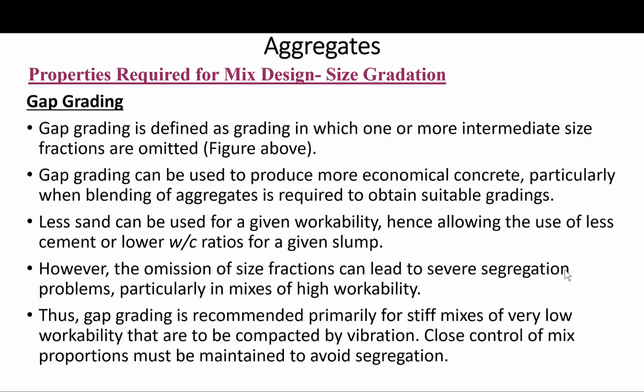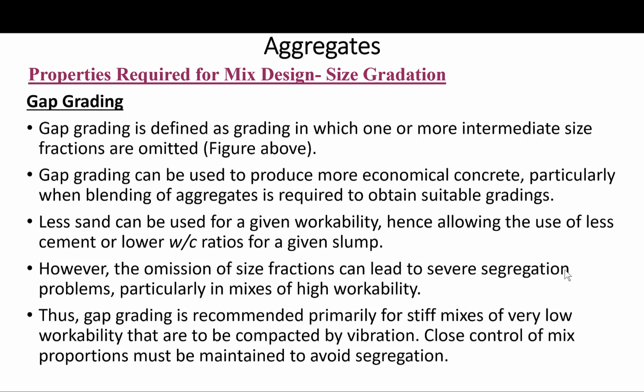So the grading requirements of the fine and coarse aggregates in the ASTM C33 do not, in themselves, basically guarantee the concrete will have the desired properties, as we will see in coming lessons. So recommendations, dating back for many, many years, address the grading or the gradation of the combined aggregates.